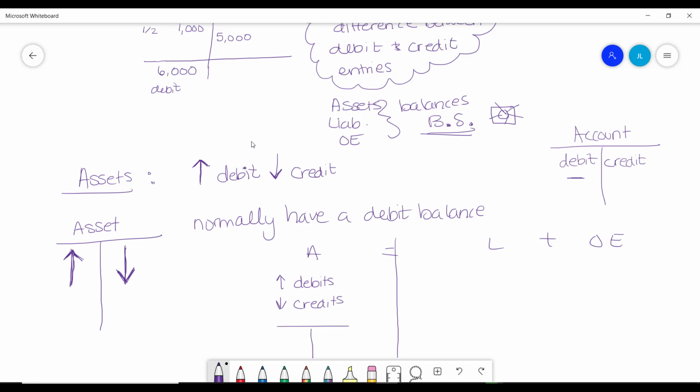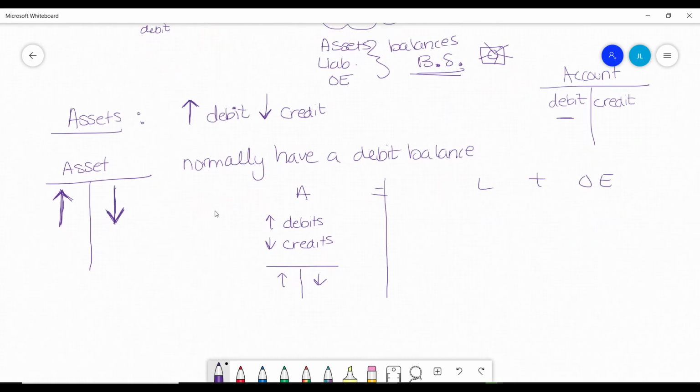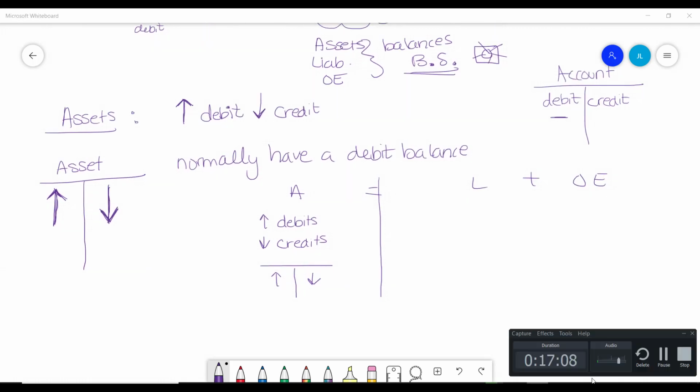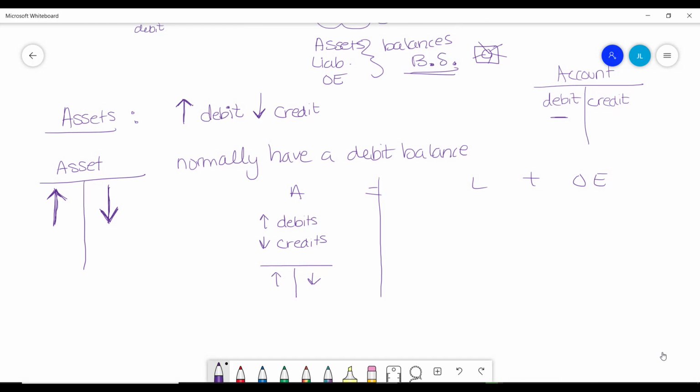So if assets are on the left-hand side, what about the right-hand side of this equation? How would we figure out the rule for the right-hand side, for liabilities and owner's equity? Well, there's good news about these rules. If you can memorize the rule for assets, you already have the rule for liabilities and owner's equity memorized because they're just simply the opposite.